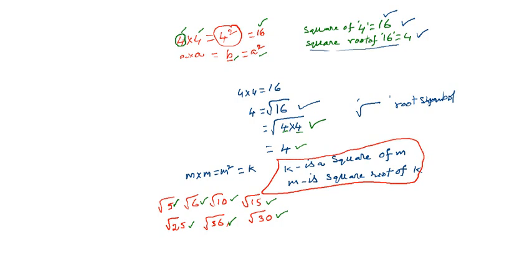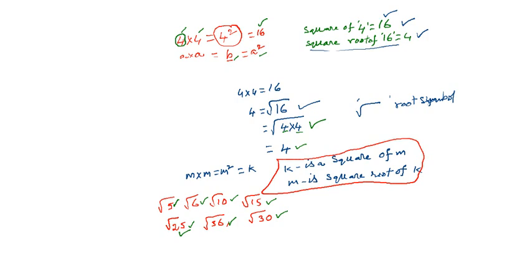In this manner, is it possible to write 5 as a product of 2 equal factors? Not possible. Is 6 possible to write like that? 6 is also not possible. 10 is also not possible to write as the product of 2 equal factors. But you may observe that 25.